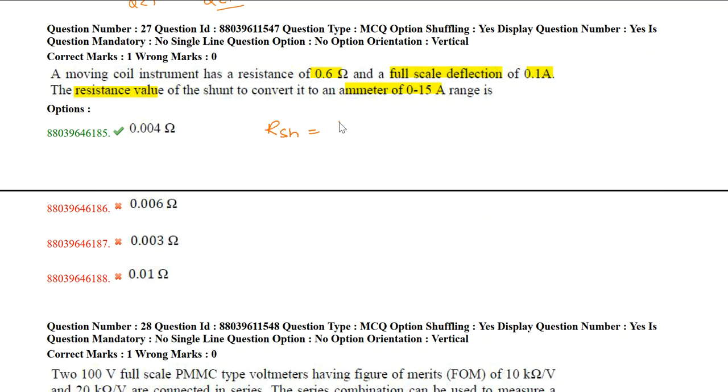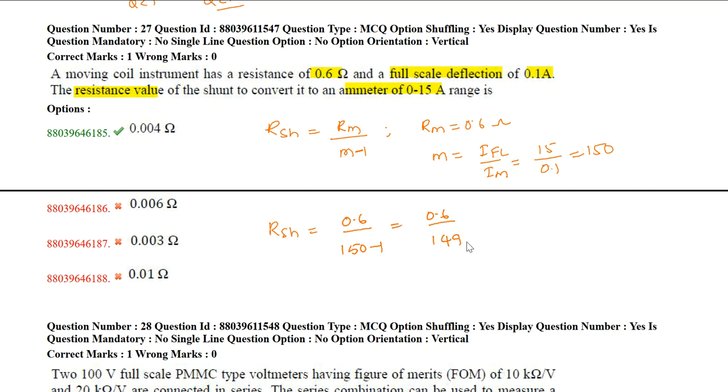Rsh is equal to Rm by (m minus 1). The meter resistance is given as 0.6 ohms, and m is nothing but I full scale divided by I meter reading. So full scale is 15 divided by the meter reading 0.1, which is 150 here. Now Rsh will be Rm, that is 0.6, divided by 150 minus 1, so 0.6 divided by 149.